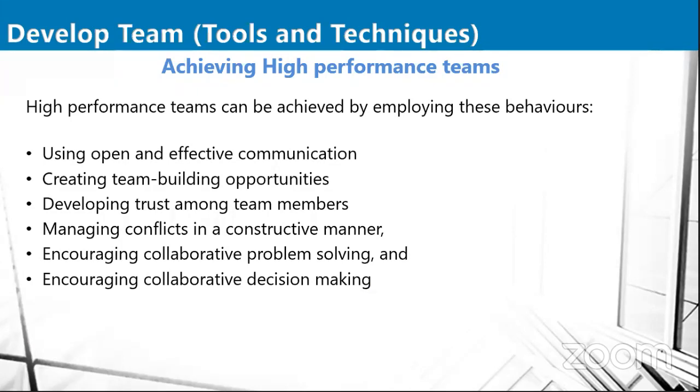Then, of course, you will be creating team building opportunities. Consider developing trust among team members, managing conflict in a constructive manner, encouraging collaboration, problem solving, and collaborative decision making. Very important you consider all those things.